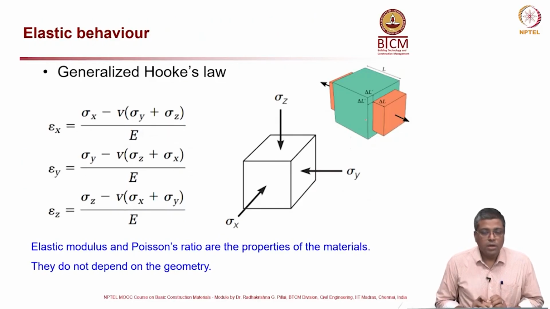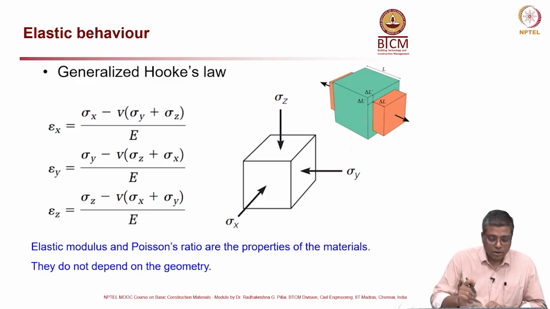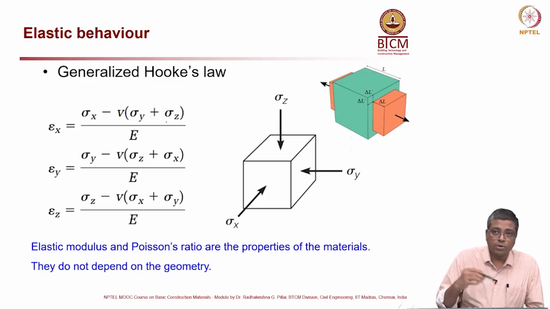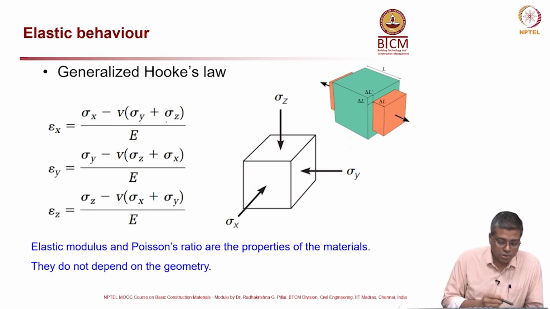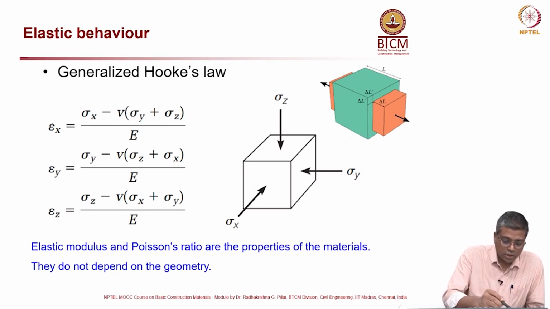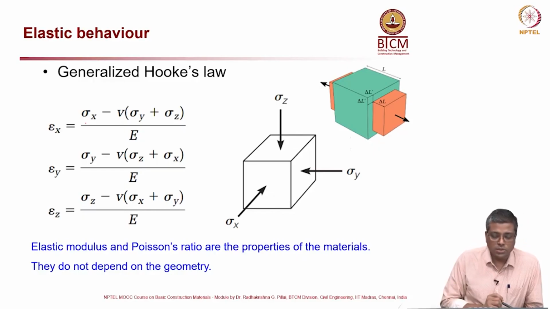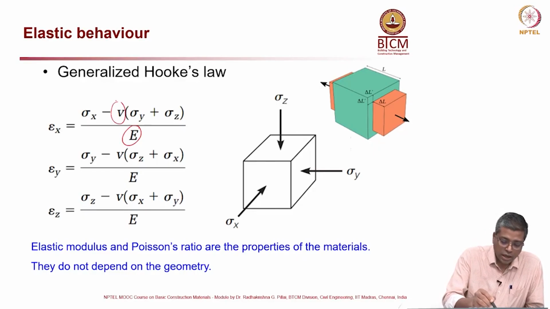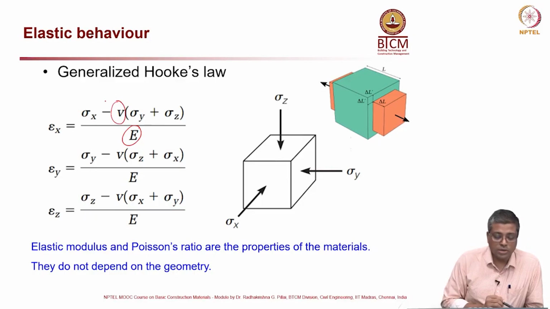the specimen. Now, for elastic behavior, we also have to look at the three-dimensional behavior. There is a generalized Hooke's law, which you can see in these three equations, where only E and Poisson's ratio are material properties.